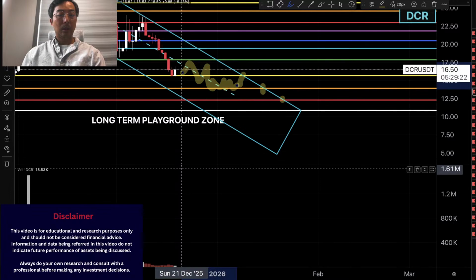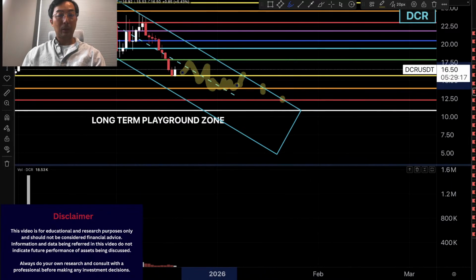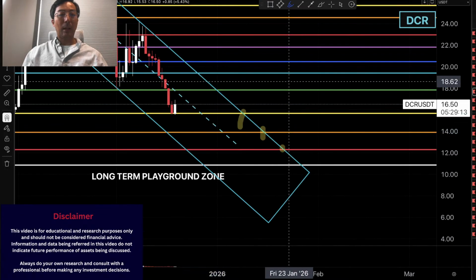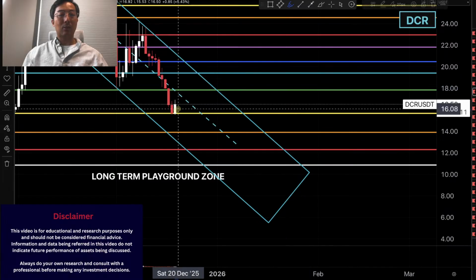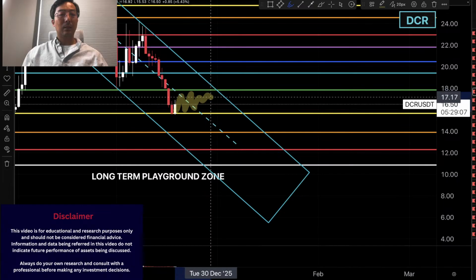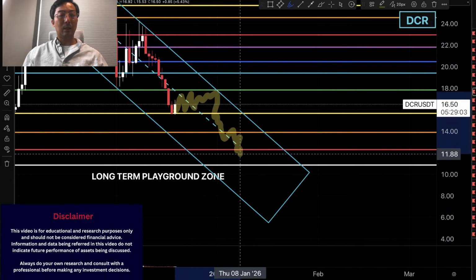So I presume it's going to take a pause and maybe rebound before it seeks lower. What could happen is that it starts to trade sideways all the way to here, gets rejected from the ceiling and starts to decline again.